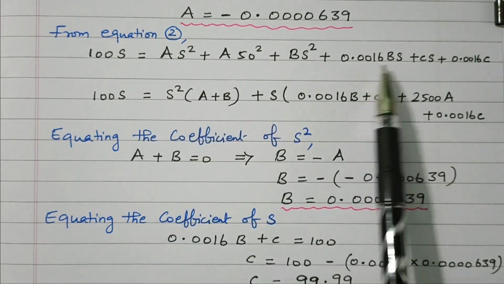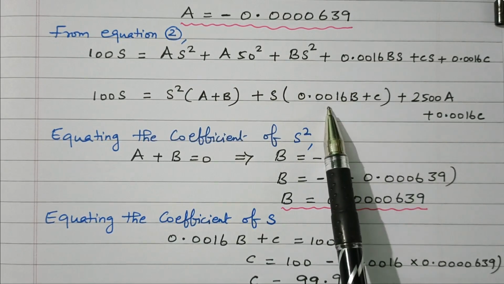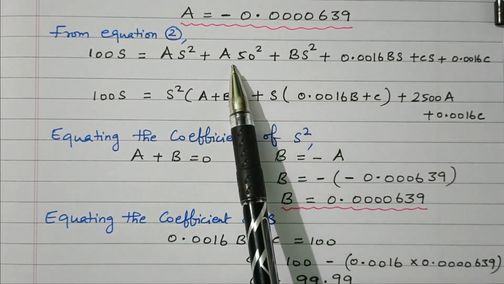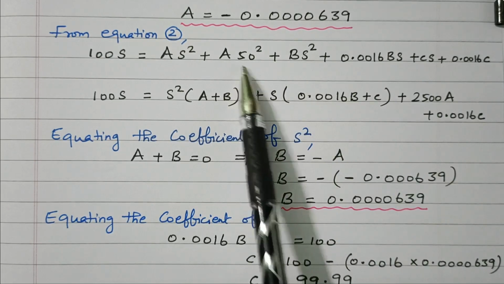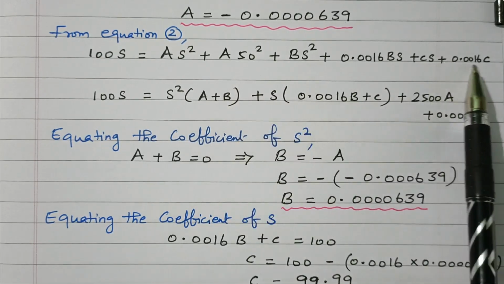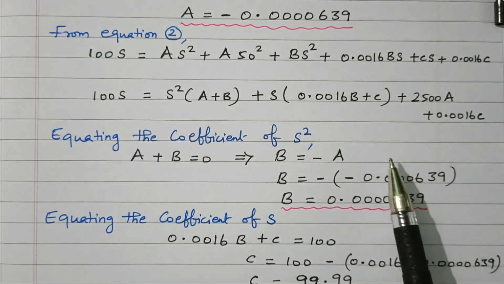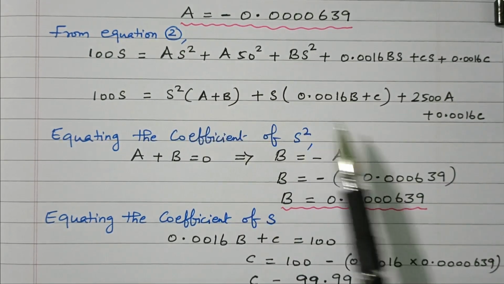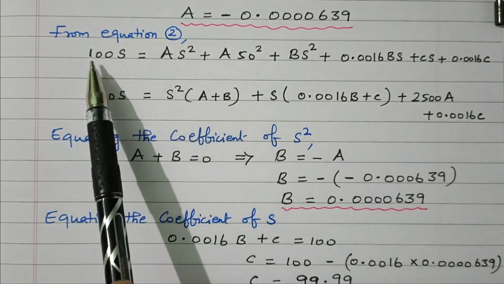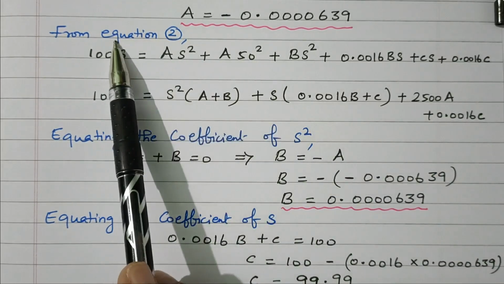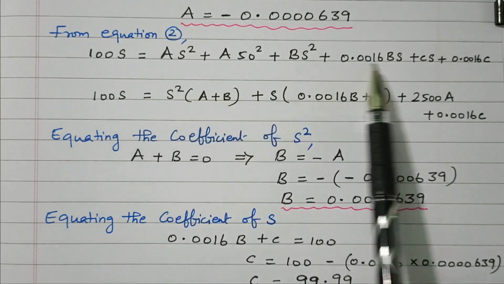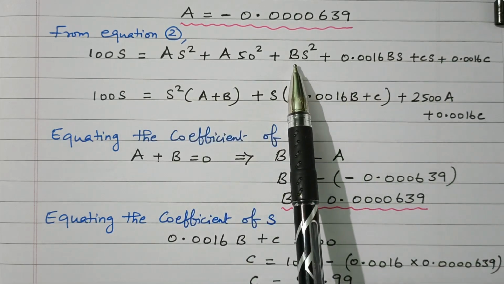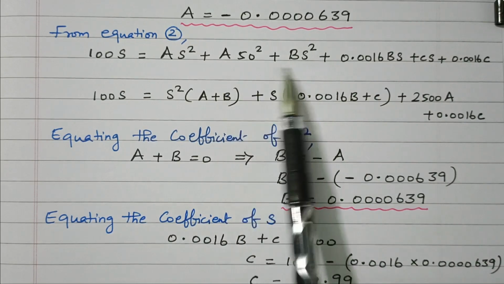Here S is available, so 0.0016 B. Here one S is available, C. This A into 50 square is 2500 A. Then 0.0016 C. These two are constant. So this is the coefficient of S square, coefficient of S, and the constant. So this equation is nothing but equation 2 after expanding. That is simple.